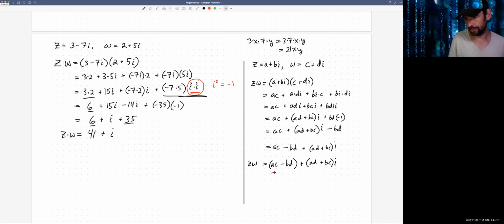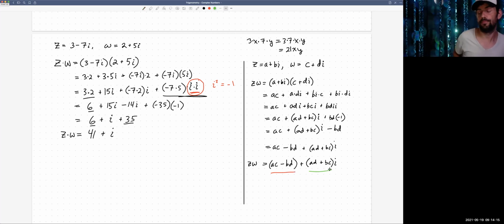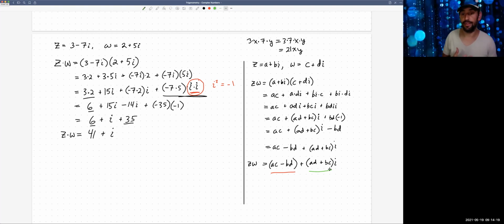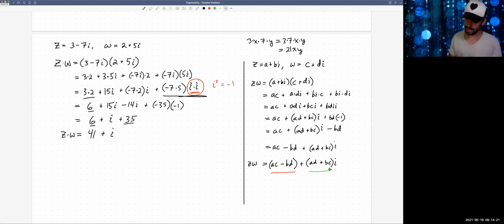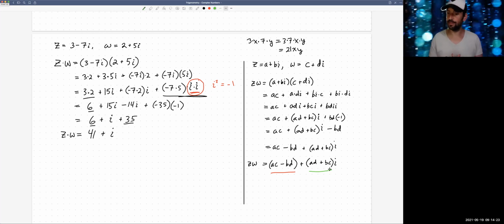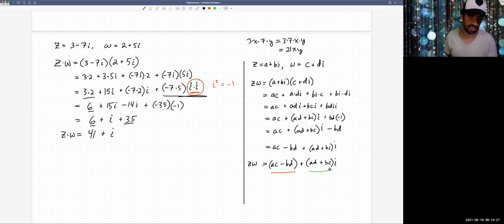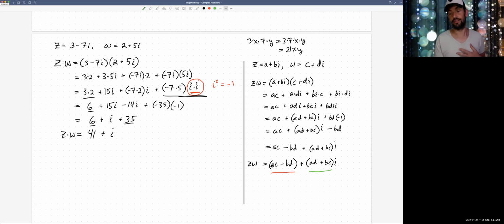Right? Here's our real part of this new number. Here's our imaginary part. Okay? Not as simple as the addition formula, but not horrible, right? It takes a little bit of algebra to get there. There is a ton of interesting things locked up in this, right?